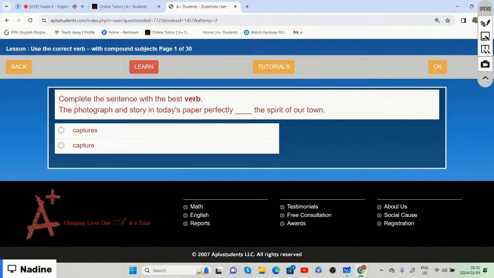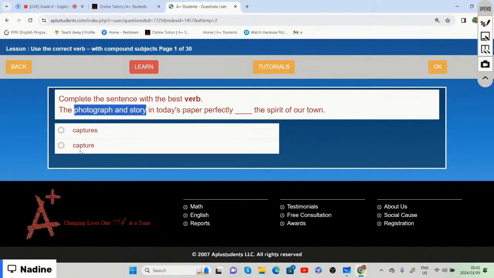The photograph and story in today's paper perfectly, do we say captures or capture the spirit of our town? Remember, photograph and story. Photograph and story in today's paper perfectly captures the spirit of our town, or capture the spirit of our town?